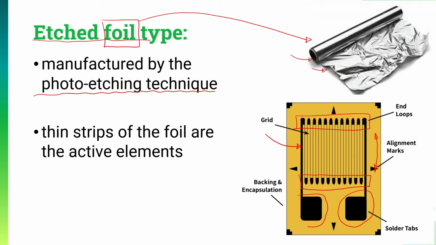So that is why the thermal stability of such kind of strain gauges is going to be high. And it is easier to connect the lead wire with the strain gauges due to the available solder strap and the larger areas. So this is the benefit of the etched foil type strain gauges.